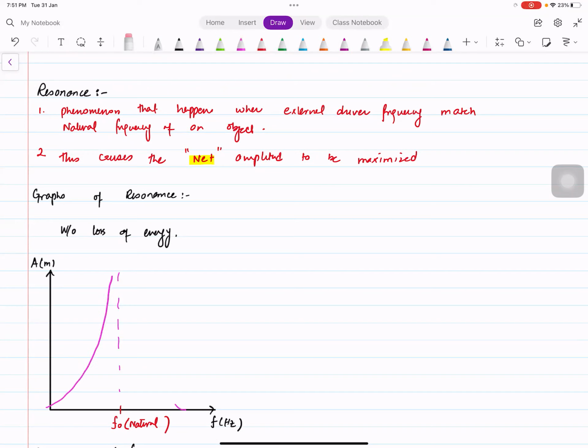And on the other side, it will never touch the x-axis. So here, you need to remember, it does not touch the x-axis, because at any frequency there will be vibration, right? But this I made a bit wrong. This should be starting from 0. And why does it touch 0? Because at 0 frequency, obviously amplitude has to be 0. Is that clear, everyone?